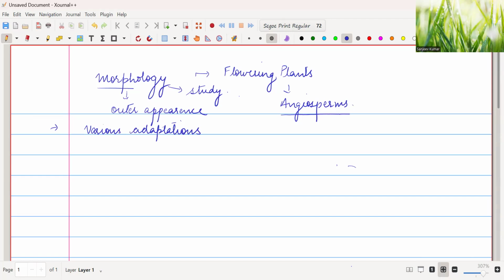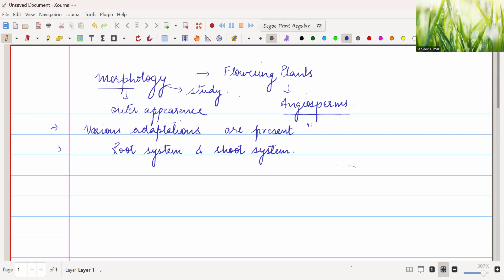Various adaptations are present in the angiospermic plants. Then the specific parts of a plant which we'll study are the root system and the shoot system.